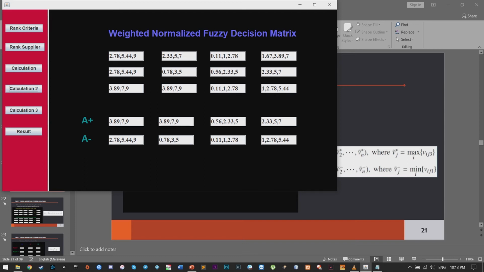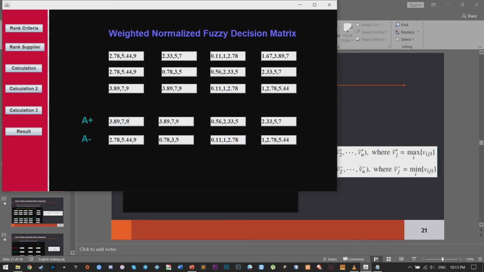It will compare the second value of the second row and the third row, where 5.44 and 7, so the 7 is the highest. So the FPIS will be 3.89, 7 and 9.